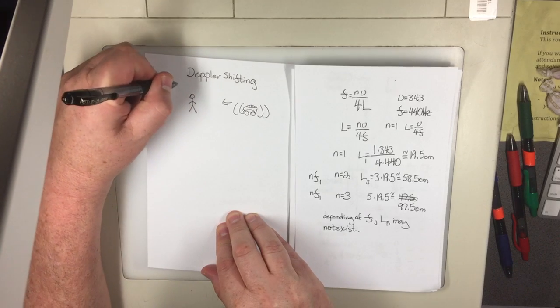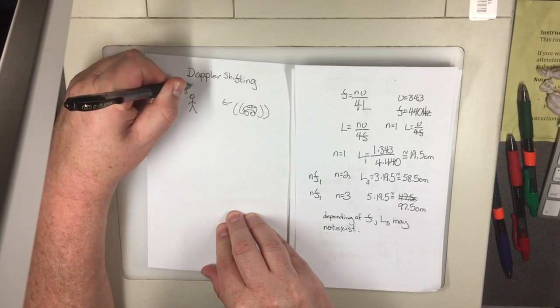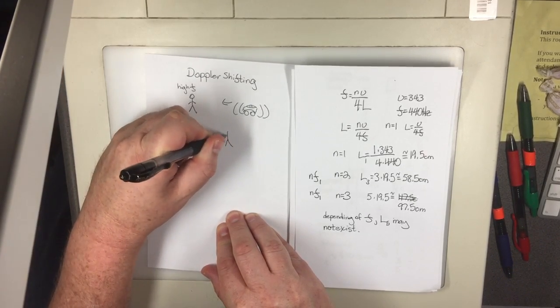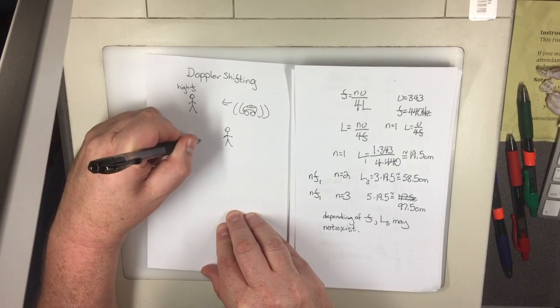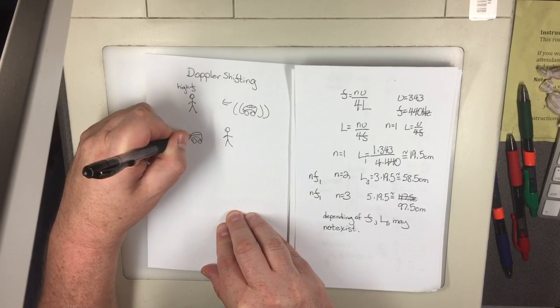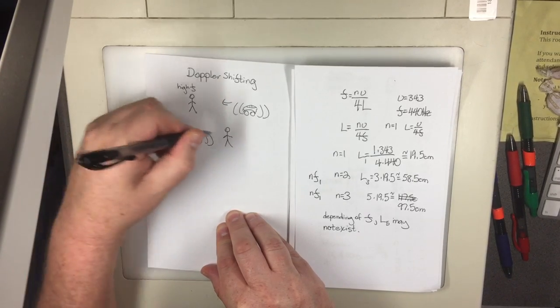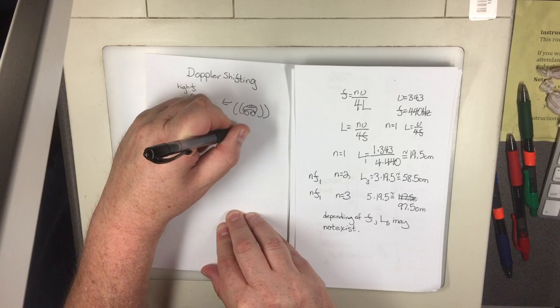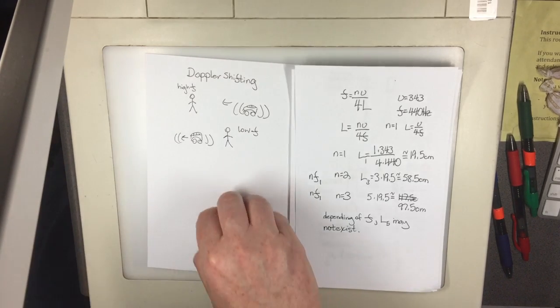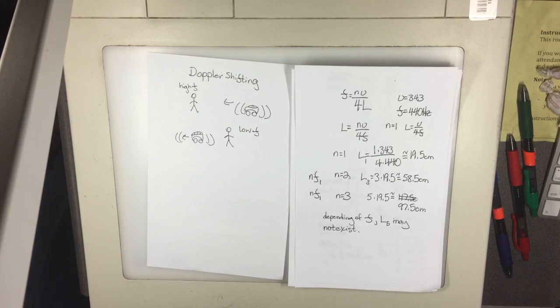As the cop car goes by, you hear a low frequency. You hear it even with cars. They don't even need a siren. You hear that, whoa. That's Doppler shifting.